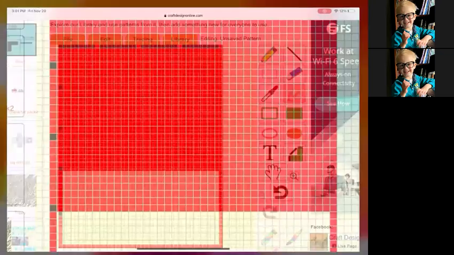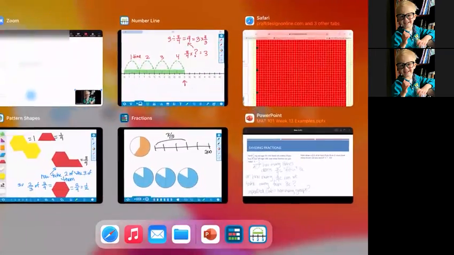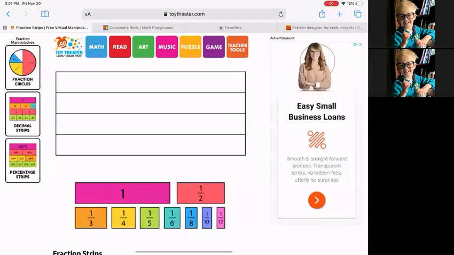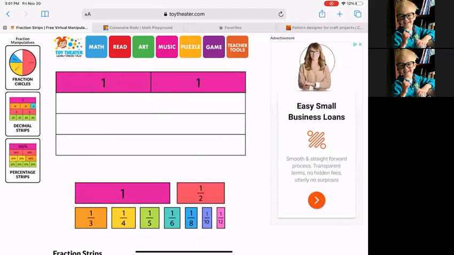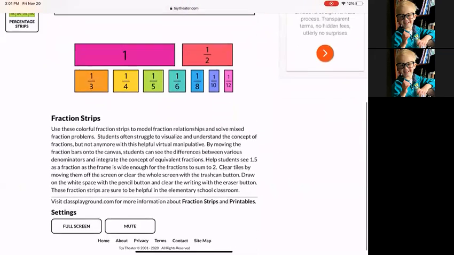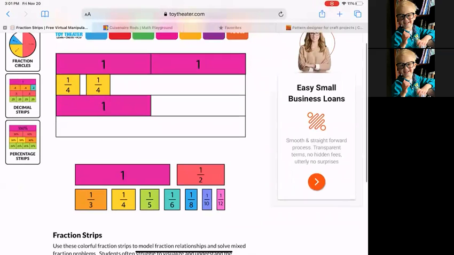Let me see if I can get the fraction tiles. Sorry. Fraction strips, right? So we can only do 2 in this one. Well, I guess we can do 3 there. When I think about, here's 1/4. Oh, sorry, let me turn that off. So here's 3/4. We want to see how many times that will fit into all three of these.